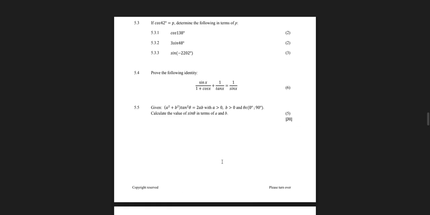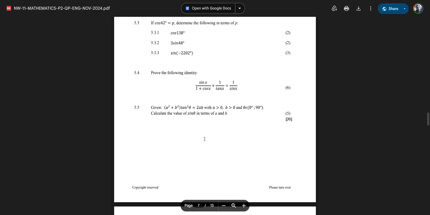Then you might not necessarily have to prove an identity, but you might be asked to simplify something, and that's where you need to apply the rules that you would normally apply when you are proving an identity. So yeah, you might get something like that.